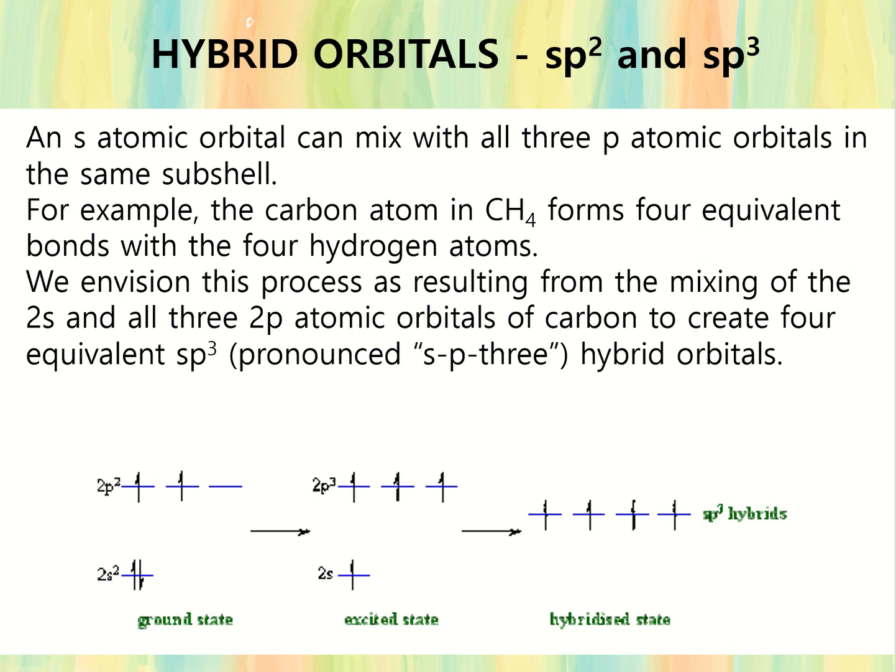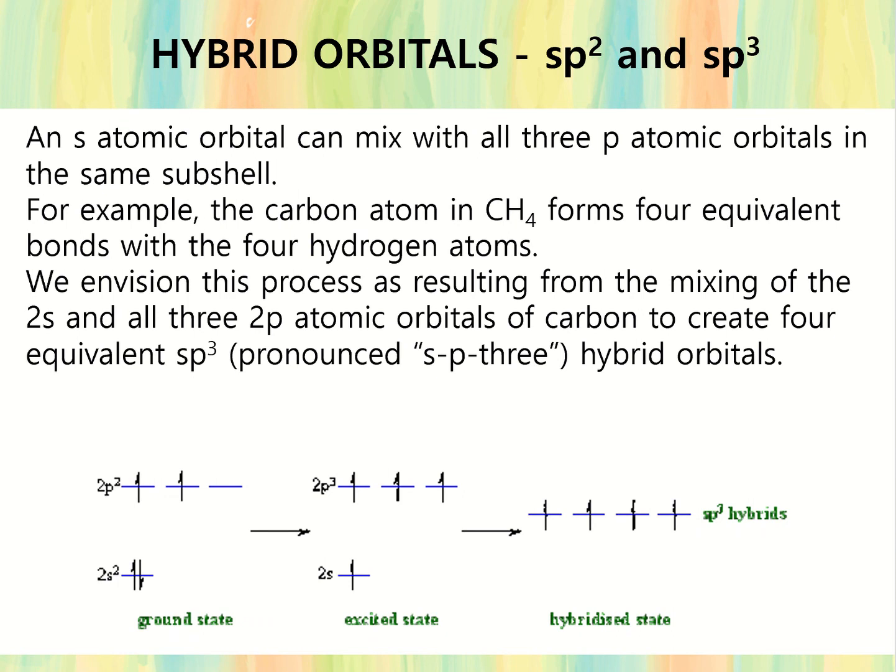An s atomic orbital can actually mix with all three p atomic orbitals in the same subshell, right? So here we're talking about sp3. We were just talking about sp2, and now we're talking about sp3, where you have one s atomic orbital mixing with all three p atomic orbitals.